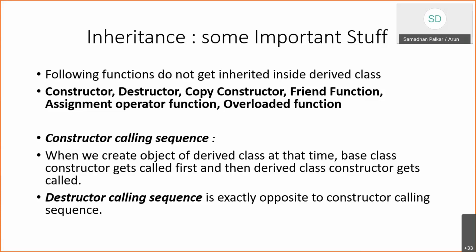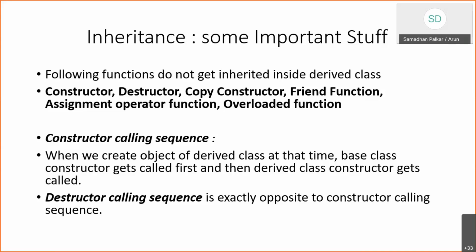So if you create an object for the derived class and you want to access functionality of the derived class, at that time whatever is there in the base class also gets accessed, right? So in that case, it will implicitly call the constructor of the base class, which is the default constructor, inside the derived class, right?